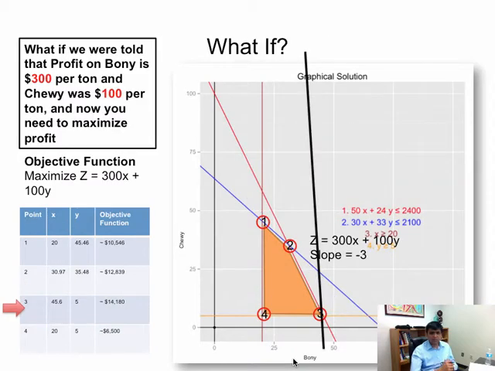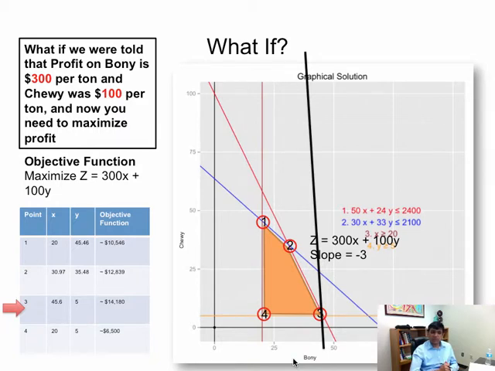So now let's change the problem a little bit. Earlier we were told by the management to maximize the value of the production, which in our case was to maximize X tons of bony type and Y tons of chewy type. But now we are given more details.